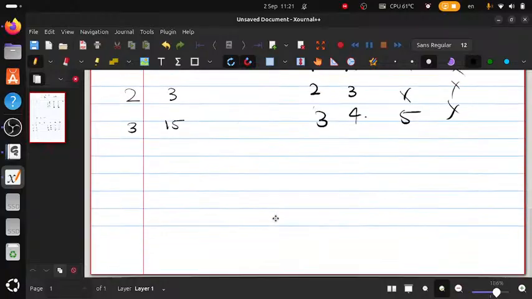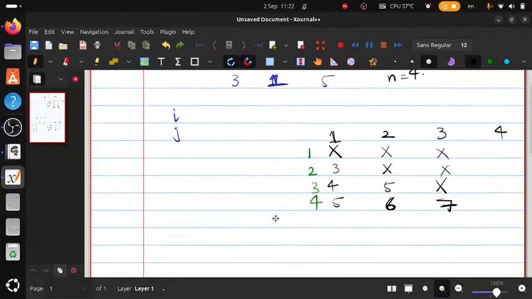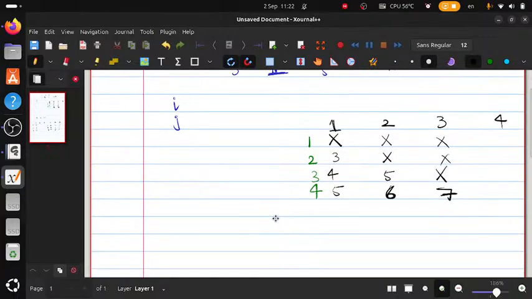That means that there will be only one pair of i and j, such that... so there can be a pair of 1, 4. Then we can also have a pair of 2, 3, which can have the same value, right?